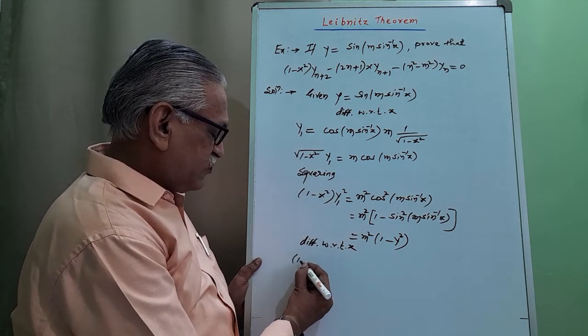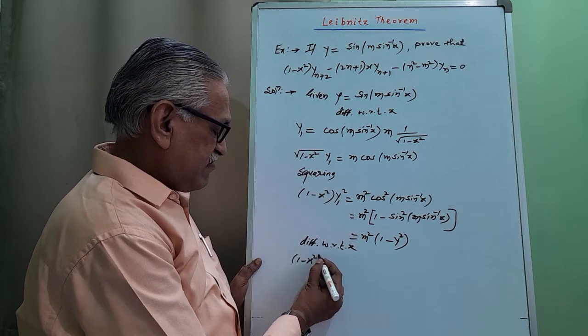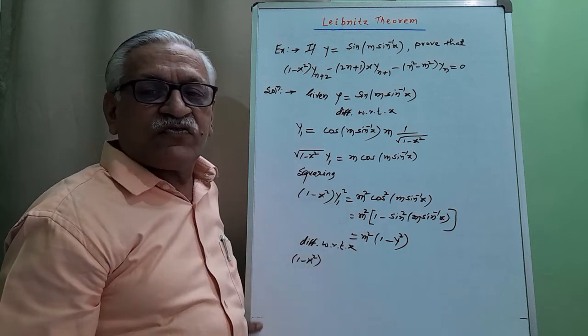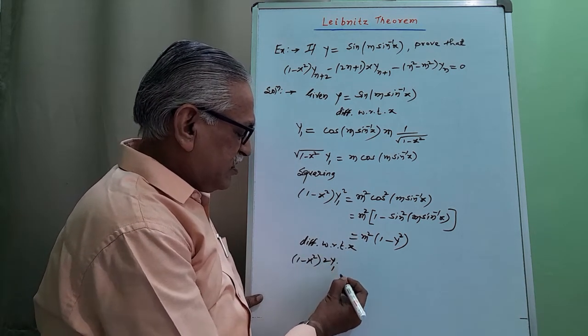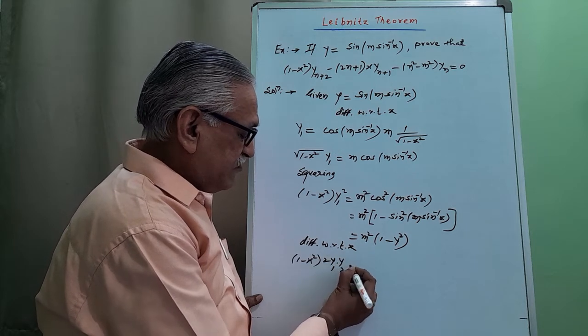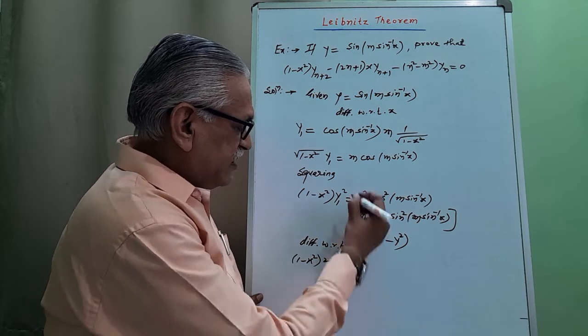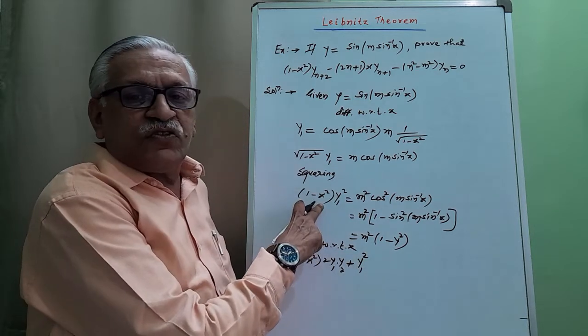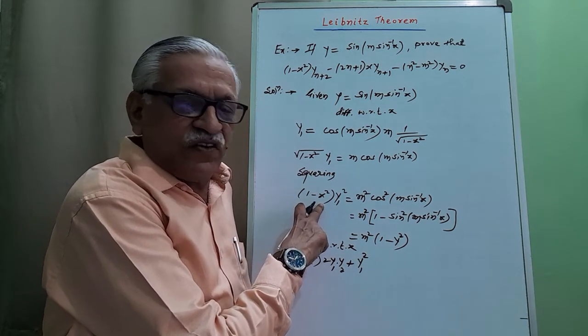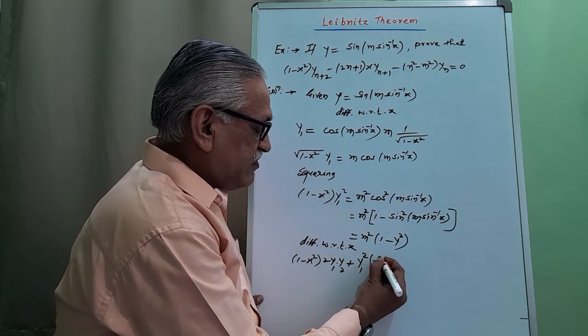First term, 1 minus x square; derivative of y1 square is 2y1, chain rule, derivative of y1 is y2. Plus second term, y1 square as it is; differentiation of this term 1 minus x square with respect to x is minus 2x.